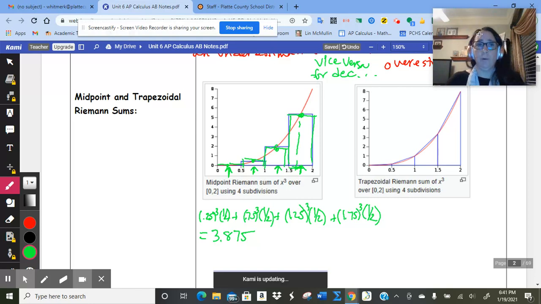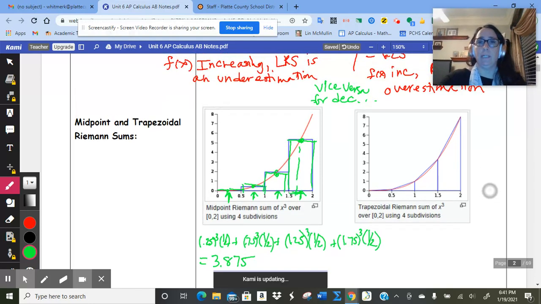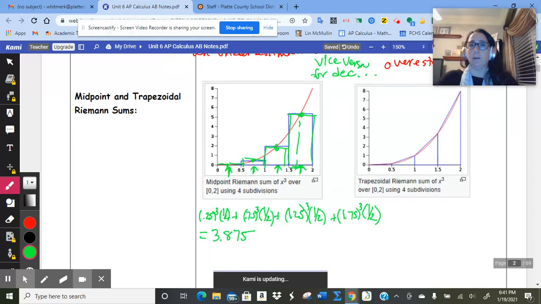Let's learn one more, and then we're going to talk about over and underestimation again. This is called the trapezoidal sum. A lot of times people forget what a trapezoid is. The trapezoid kind of looks like a rectangle and then two triangles. So the area of the trapezoid uses base 1 and base 2.